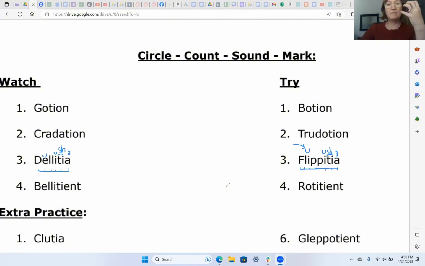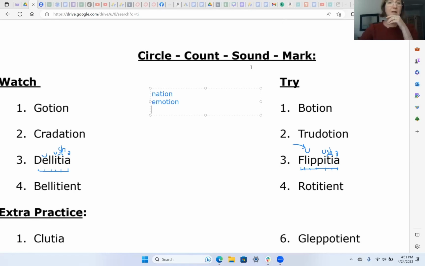Any other letter that comes before the TION, like nation, that vowel is going to make its long sound. Emotion. So any other vowel that comes before the TION is probably going to make its long sound, but I is a rule breaker. I in the middle says I. That's why. That's a good question.